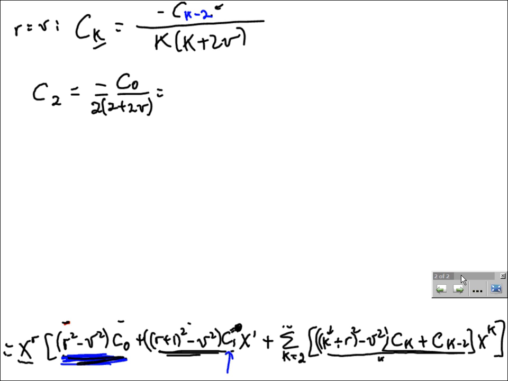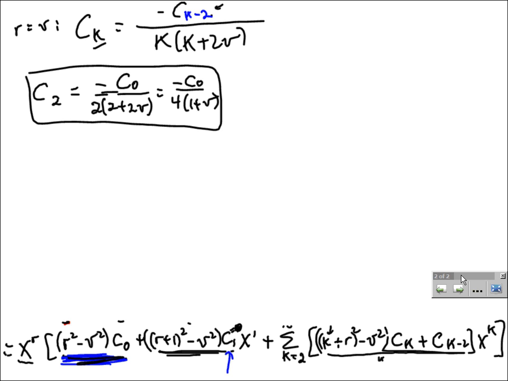I can pull out a 2 from what's in the brackets, and then I'll get 4 in front of the brackets, and 1 plus v. So c2 is in terms of c0.